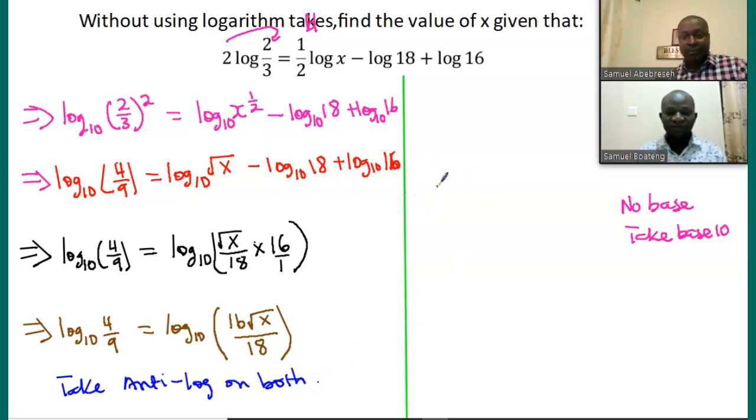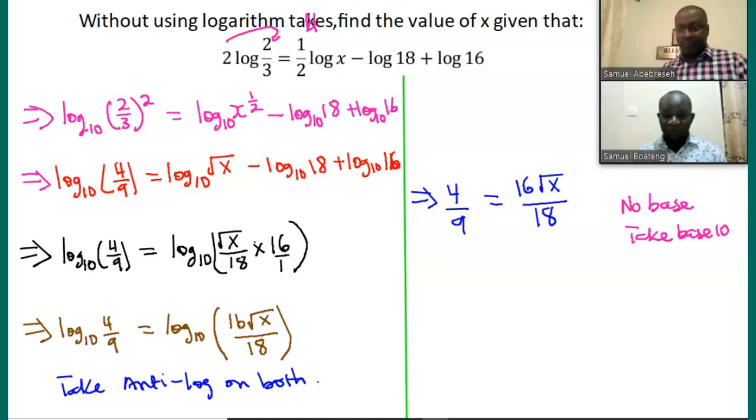Take antilog on both sides. So we have 4 on 9 is equal to 16 root x over 18. So we can do cross multiplication.